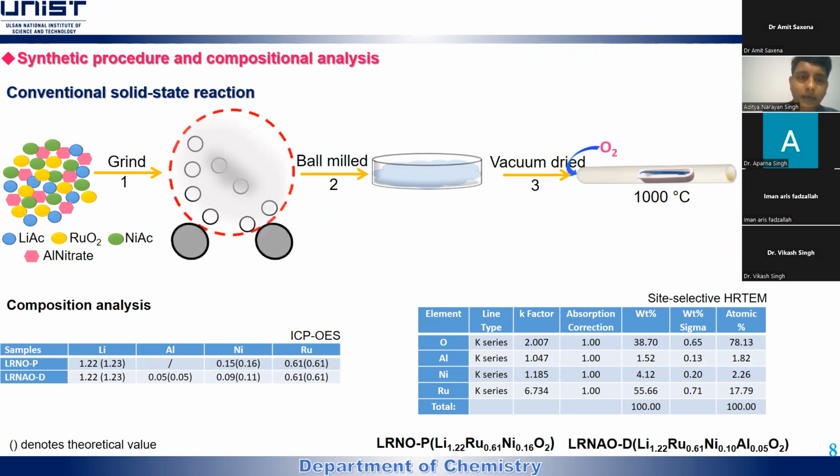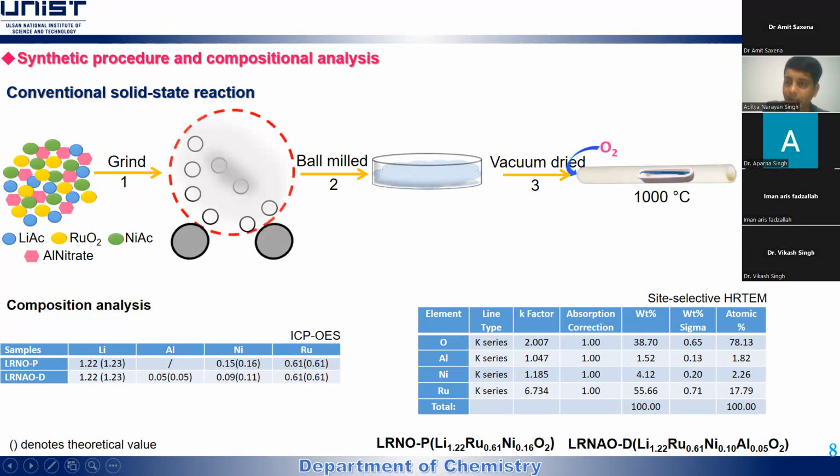Solid state reactions are nothing but mixing the precursors in a certain dedicated amount. Ball milling is nothing but homogenizing them. To better homogenize, use some solvents like acetone or ethanol, then dry them, and then optimize the temperature by keeping them in a box furnace or tube furnace. It depends entirely upon the researcher. I usually prefer a box furnace.